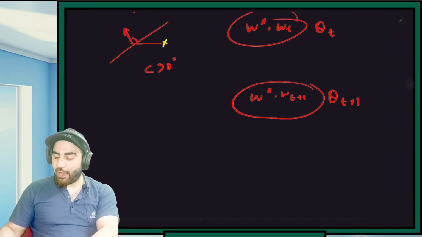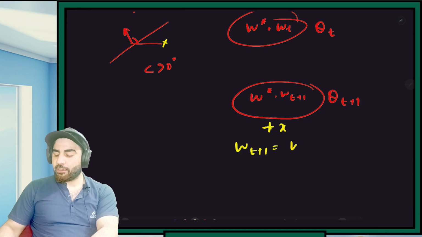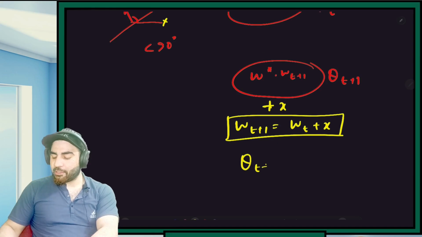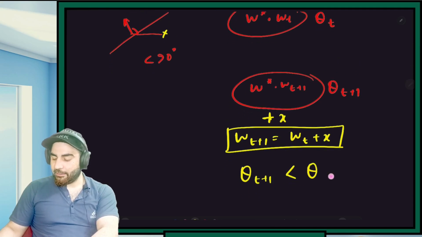So if you add x, that is, wt plus 1 is equal to wt plus x, from this relation you will see that theta t plus 1 should be less than theta t. So this should be the relation that we should have.